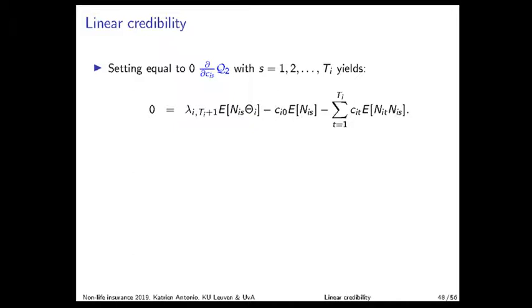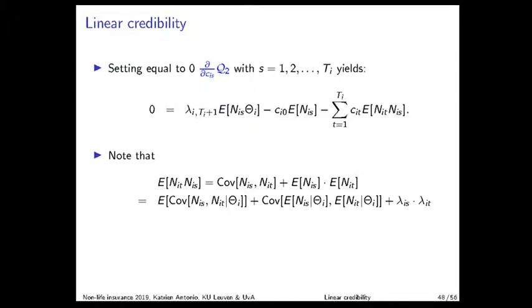In the first equality, we use the expression for the covariance between N_is and N_it. In the second line of the derivation here, we replace the expected value of N_is, respectively N_it, by lambda_is and lambda_it.